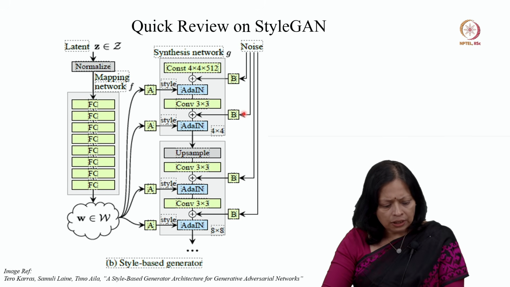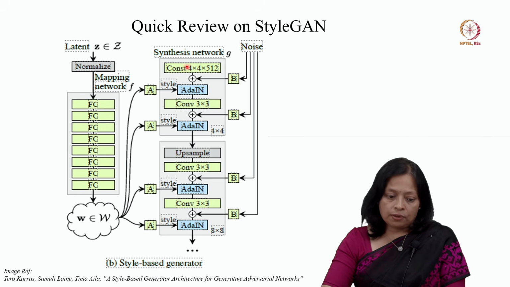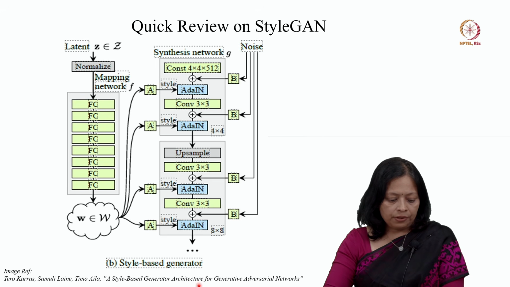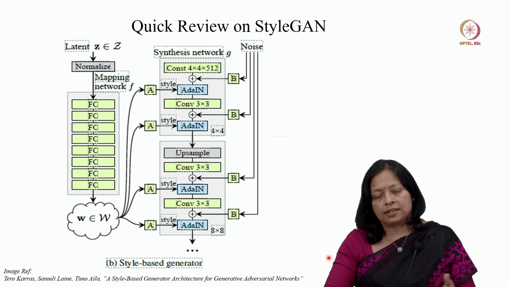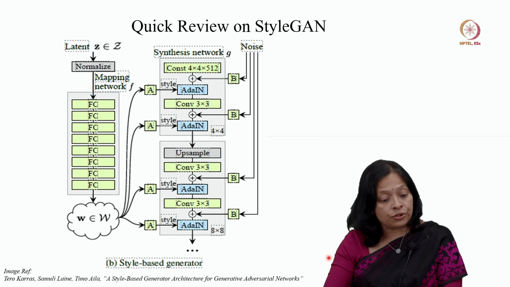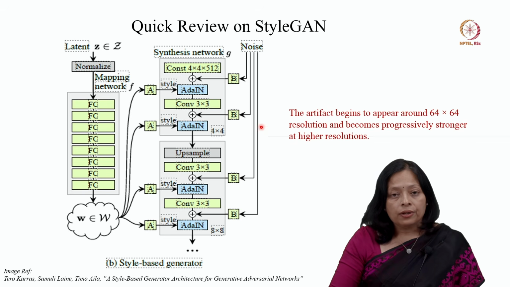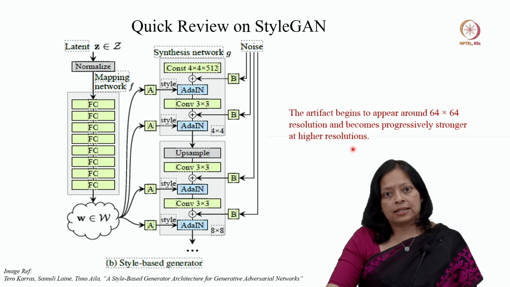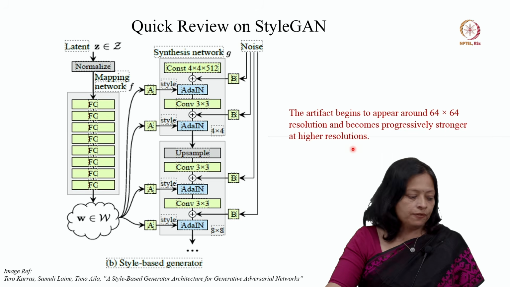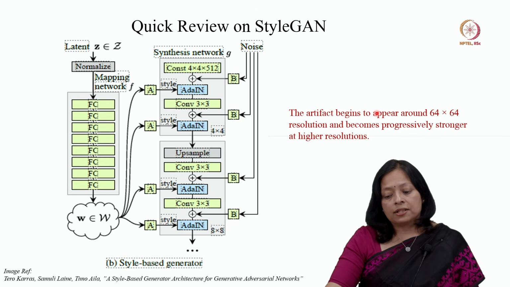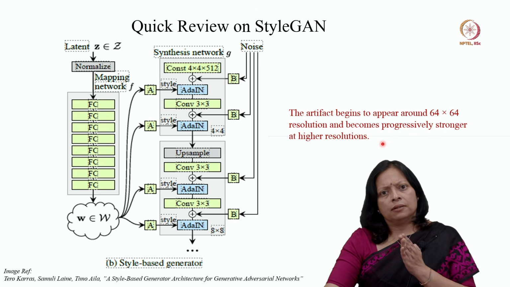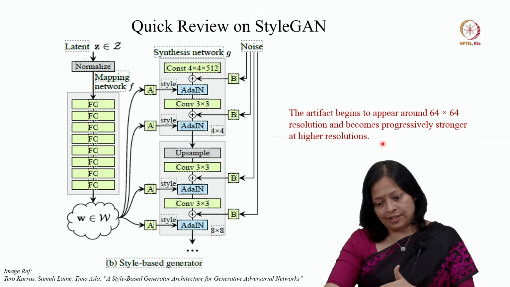I have taken this image, once again, from the paper A Style-Based Generator Architecture for Generative Adversarial Networks, which is the paper where StyleGAN was introduced. Now, if we look at the artifacts I was speaking about in my previous slide, these artifacts begin to appear at 64 cross 64 resolution.